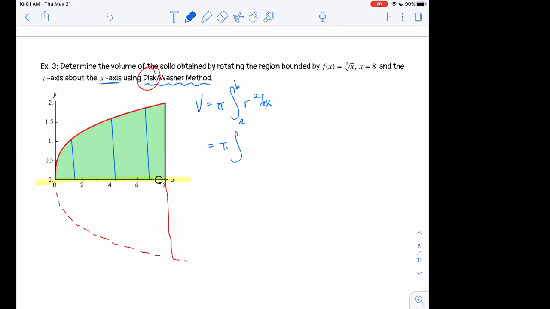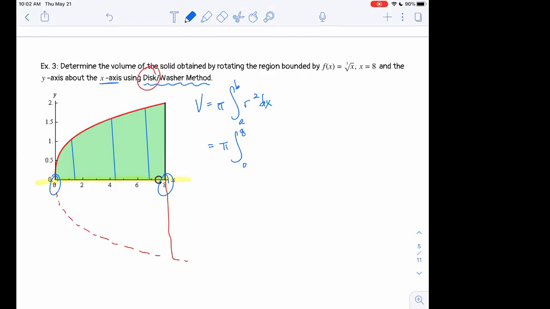All right, who's got an a and b value for us here? What do we have for a and for b? 0 and 8. Perfect. We're going to pick this 0 because that's an x value and this 8 because that's an x value. Brilliant. 0 to 8. All right. Someone else, what do we have for our radius?